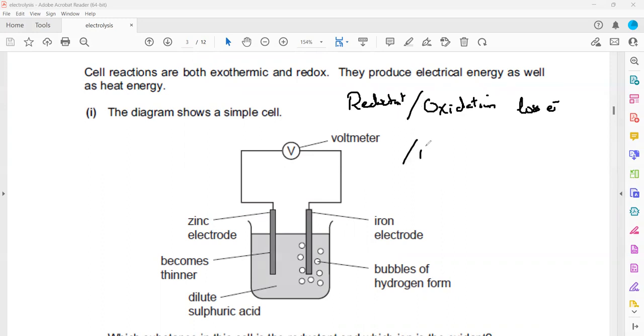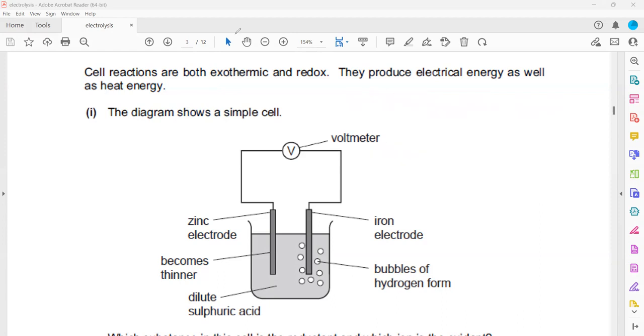And reduction is a gain of electron. When any substance gains electron, we call that reduction. And the substance in which reduction happens is also known as oxidant. Oxidant and oxidation are different things. An oxidant is the substance that helps in oxidation, but by itself it is reduced.